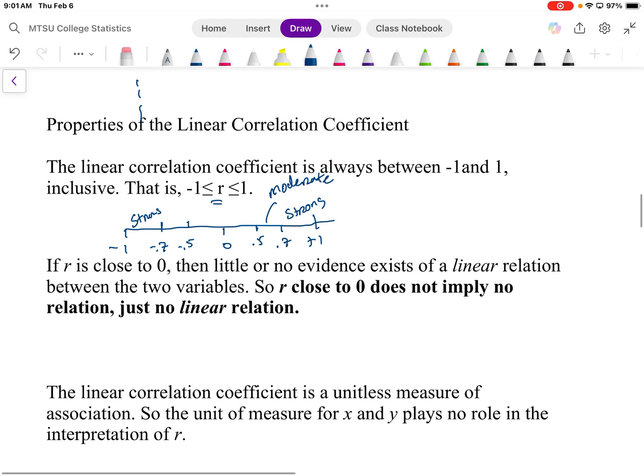And then usually what I have my kids do is somewhere down here about -0.2 and 0.2. Anything between 0.2 and 0.5, or negative 0.2 and negative 0.5, we use the adjective weak for that zone. And between the 0.2s is pretty much where we go with no correlation.